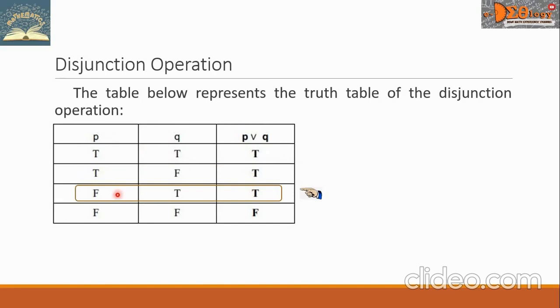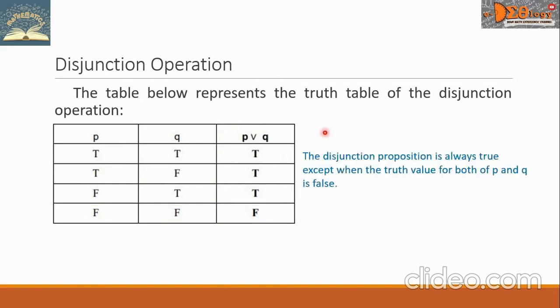When P is false and Q is true, P or Q is true. When P is false while Q is false, then P or Q is false. The disjunction proposition is always true, except when the truth value of both P and Q is false.